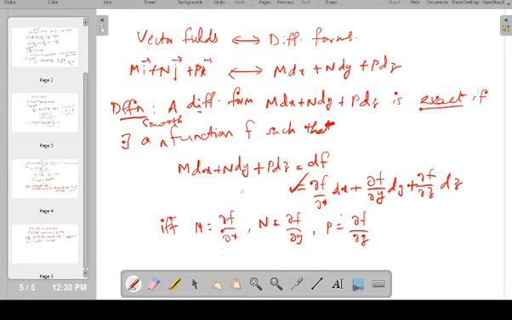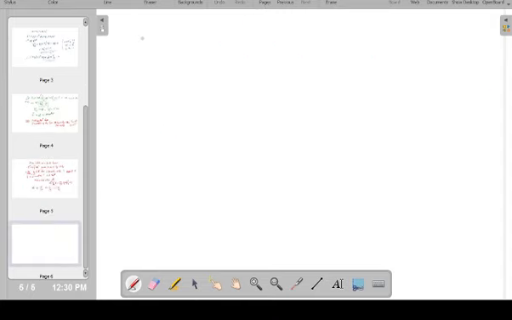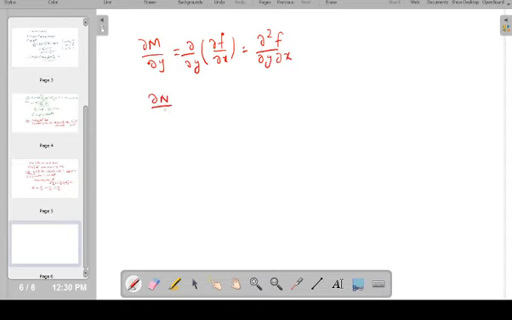So this is just like conservative vector fields. What is dou M by dou y? It is dou by dou y of M. What is M? It is dou f by dou x, so it equals dou square f by dou y dou x. And what is dou N by dou x? It is dou by dou x of N. What is N? It is dou f by dou y.